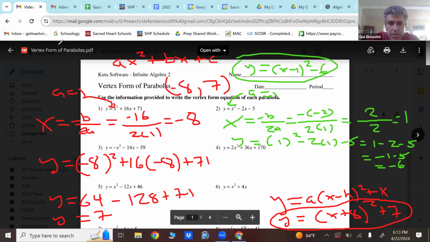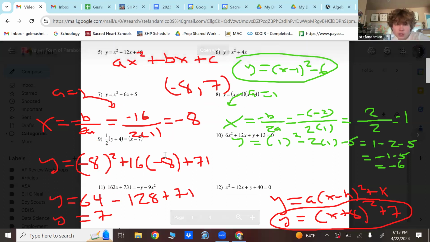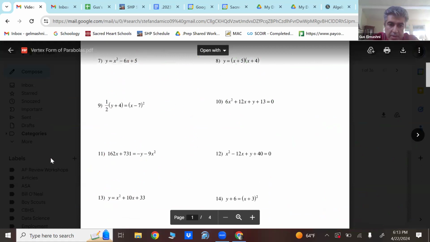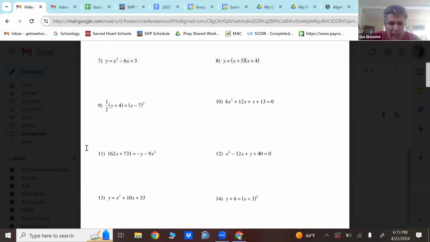It's a lot of drill and kill, which I think would be good for you to do. Then number 8, some of the other ones are written a little differently. Well, not that much different. Like for 12, you could rearrange a little bit.